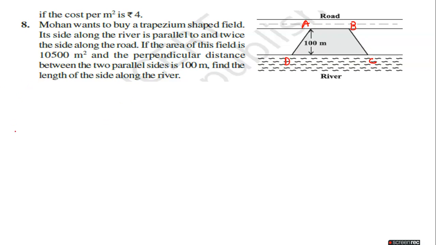First of all, I will write down all the data which is given. CD is parallel to AB, I think you know this is the parallel sign. And it is written parallel to and twice the side along the road, meaning CD is twice the AB.